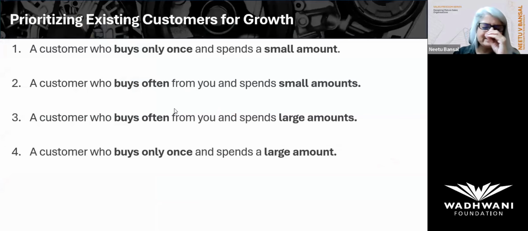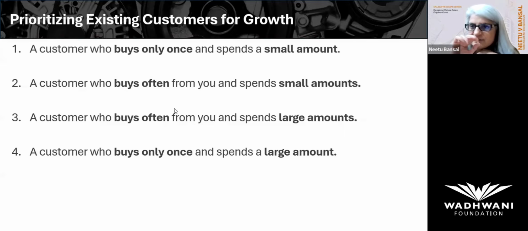I'm going to give you a very powerful strategy. Again, it gives you so much clarity on what to do. So let's do a small exercise right now. Let's say that in your existing customers, you have 4 different types of customers, buckets of customers. One customer buys from you only once and spends a very small amount.